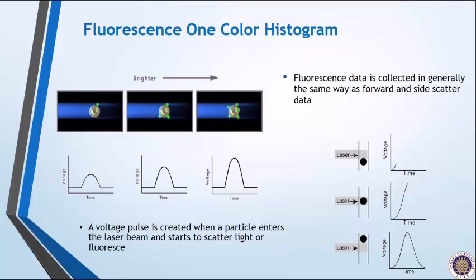The electrical current travels to the amplifier and is converted to voltage peaks, as you can see here in the figures. The highest point of the pulse occurs when a particle is in the center of the laser. As the particle leaves the beam, the pulse comes back down to the baseline. All of the voltage pulses are recorded and can be presented graphically.